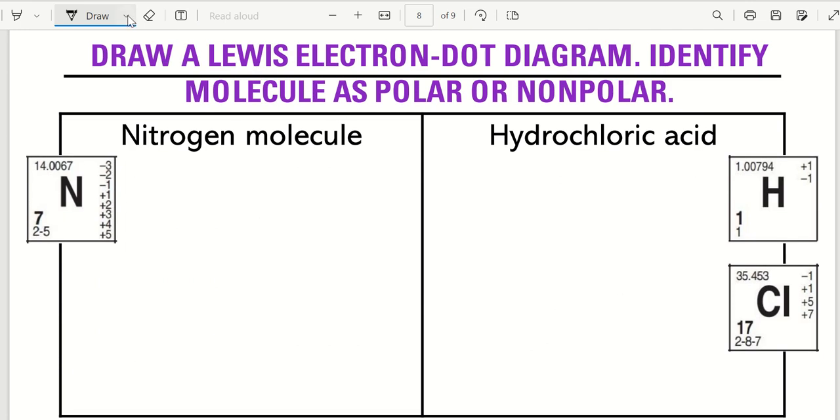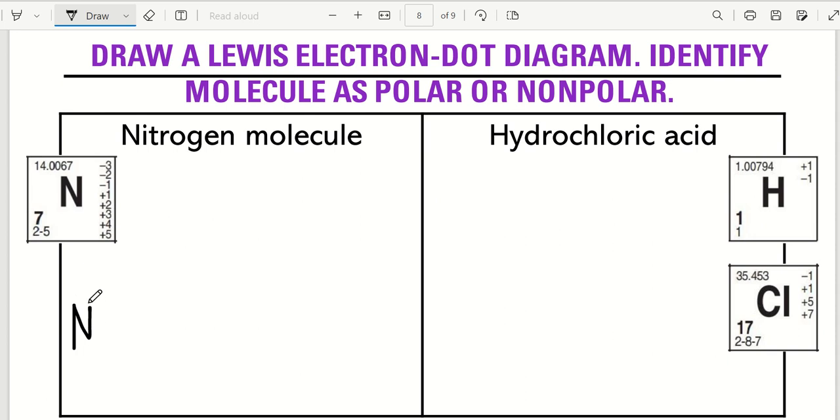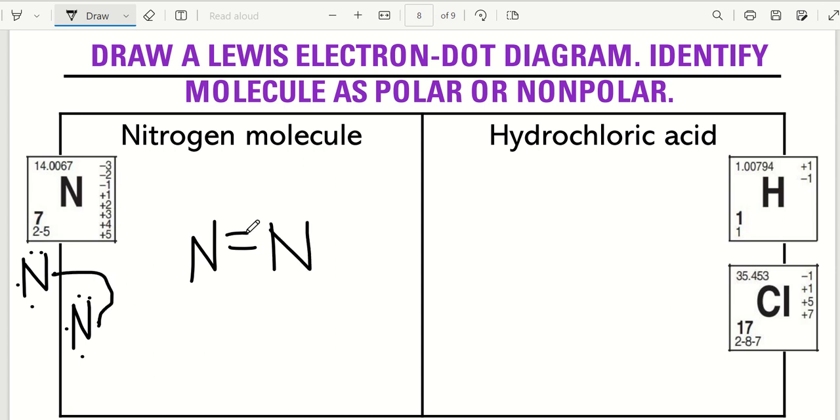All right, nitrogen molecule. Let's try it for nitrogen. 5 valence electrons. What does a molecule mean? Well, it's one of the diatomic ones, right? So it's 2 nitrogens. It didn't say atom, right? So it's only 2 things. So you start by just drawing them together like this. That accounts for this. Another bond accounts for this.